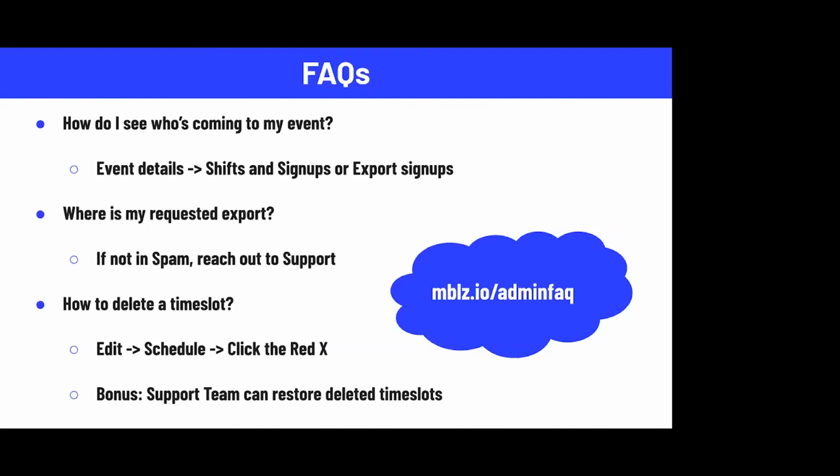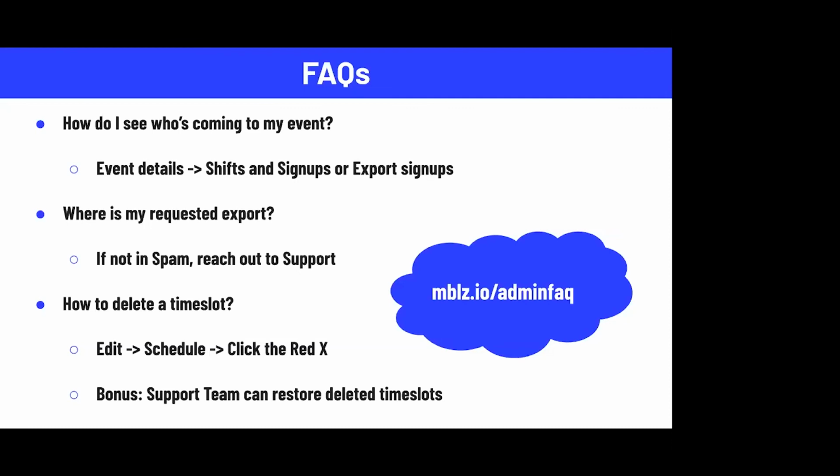Now, the other thing that we get a lot, especially during GOTV, I know what it's like, plans change. So the best way to delete a time slot is to enter edit view of the event that you want to edit, scroll to schedule, where all the time slots are, and then click the red X next to the times that you would like to remove.